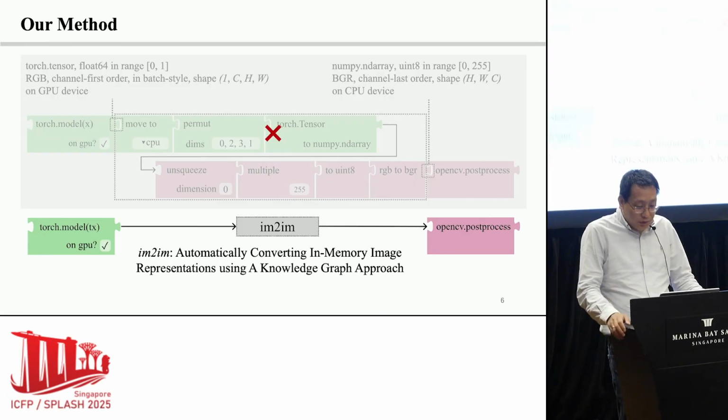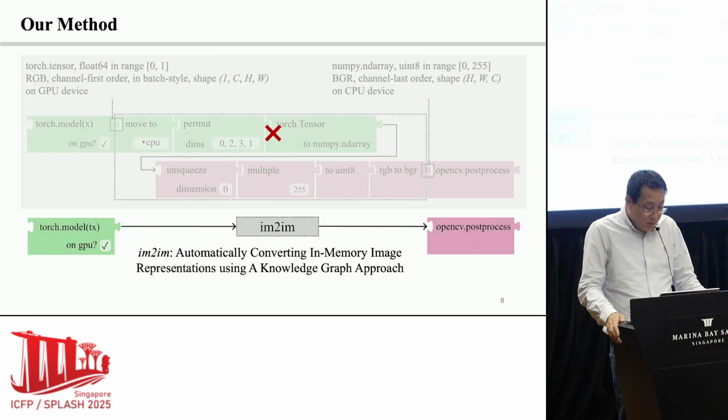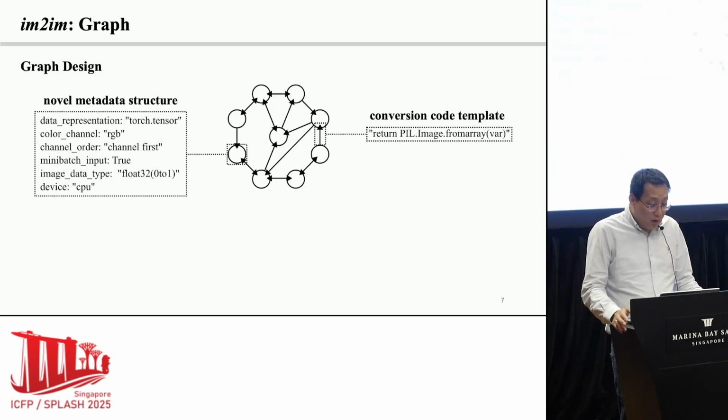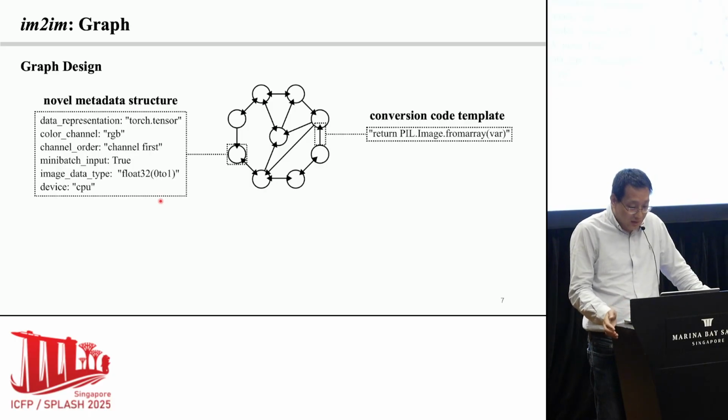So we introduced im2im. It automatically converts in-memory image representations using a knowledge graph approach. At the core of our method is a graph. We introduced a novel metadata structure with key features that uniformly describes in-memory image data across different libraries.